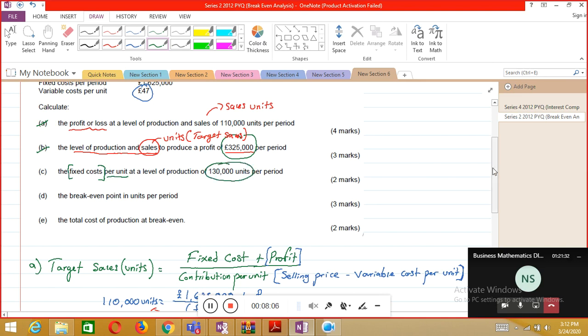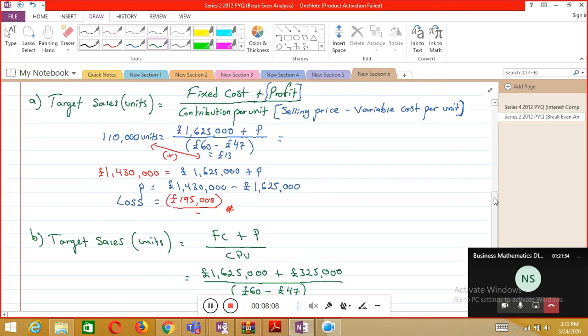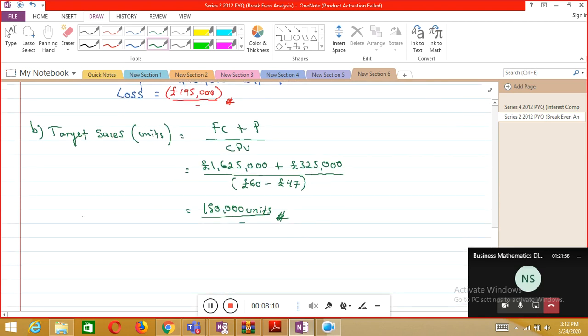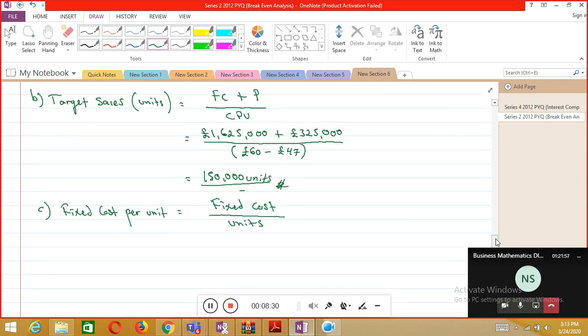Nothing much, it is a very simple calculation. They want fixed cost per unit. So what do you do? You take the fixed cost and divide it with the units. Simple as that.